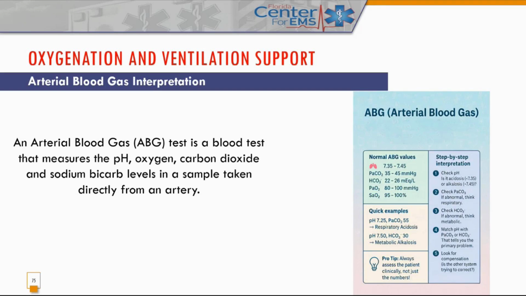Probably something that you don't see as much pre-hospital, or you might see it in critical care transport because it takes a little bit longer to get there. So you might see the bicarb, or the HCO3, to be higher to balance that higher CO2.